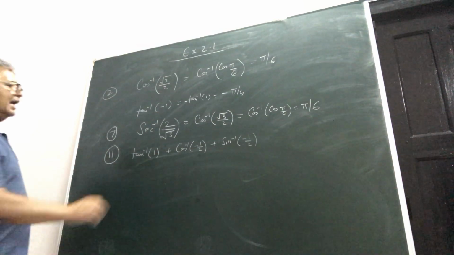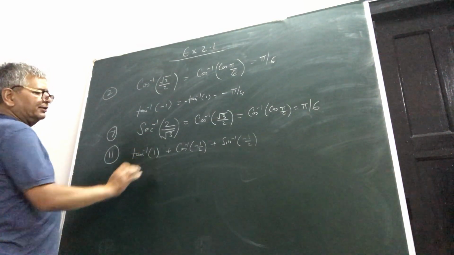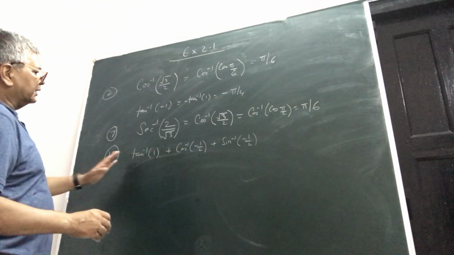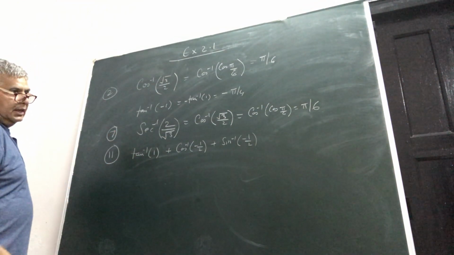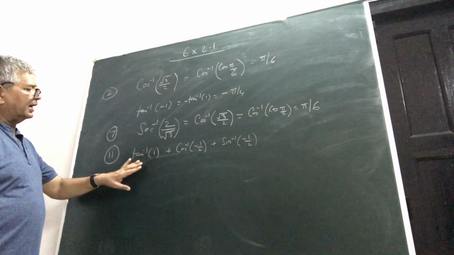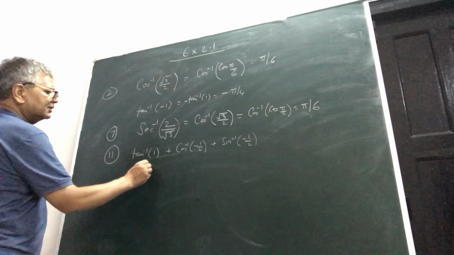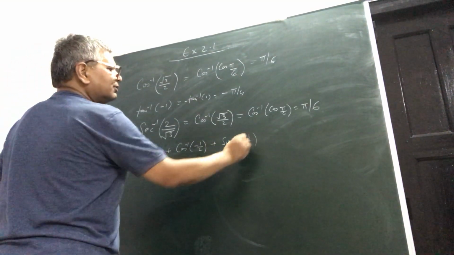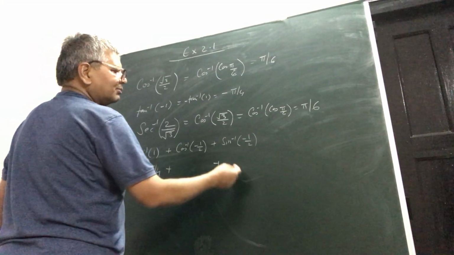Please see, tan inverse 1. Where does the principal branch of tan inverse lie? The range of this tan inverse will be from minus pi by 2 to plus pi by 2. So tan inverse 1, you can safely write as pi by 4. Plus sin inverse minus 1 by 2 is what?